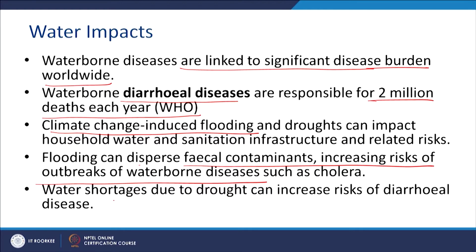And water shortage due to drought can also increase the risk of diarrheal disease. So, it is not only the abundance of water due to flooding; sometimes the water level goes significantly down, and it can be contaminated in some situations also.